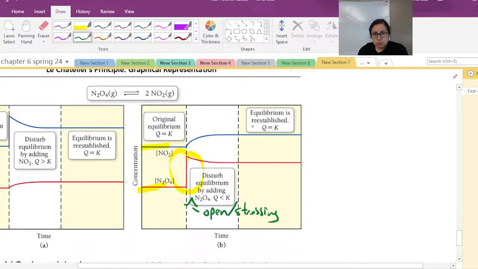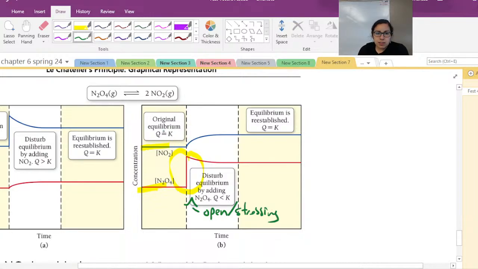Now it has to reestablish equilibrium. After we added this N2O4, that's going to drive the production of more of our NO2. Of course we have our artificial spike from adding in our N2O4, but now that we have too much of our starting material, that shifts it to the right.